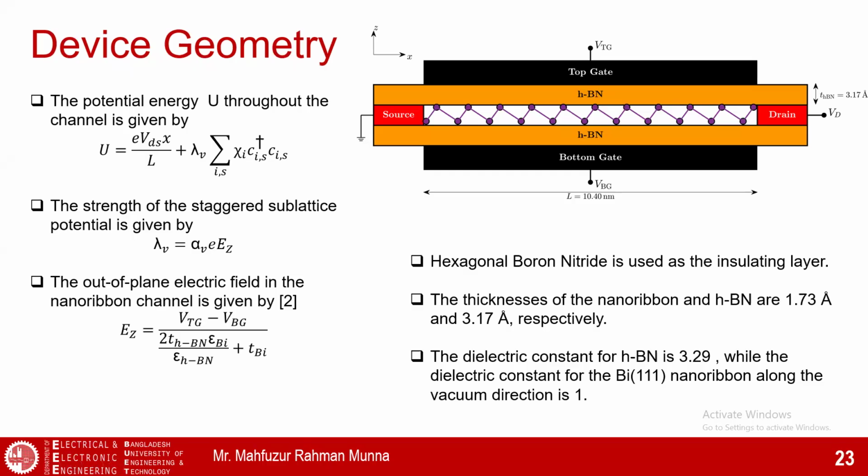When I talk about the code, what I did is that I calculated an expression for how much gate voltage will drop in the gate. Then I subtract that voltage and use that voltage in my NEGF equation to intentionally break the inversion symmetry.